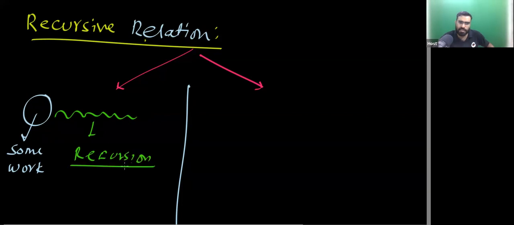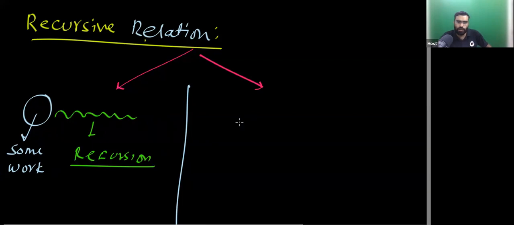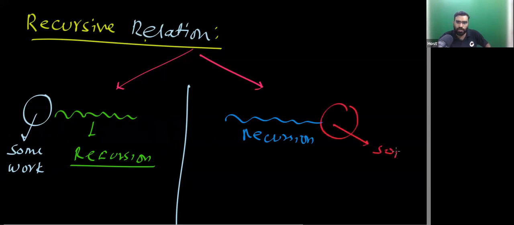You can do some work in the beginning, then you can apply the recursion. Or you can apply the recursion, and you can do some work in the end. Is this point clear?